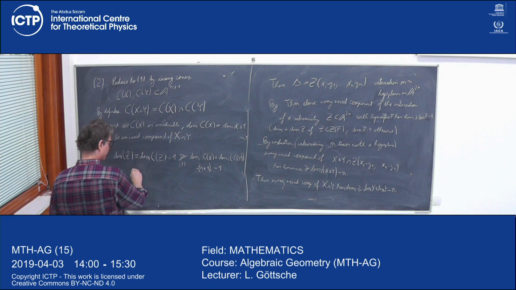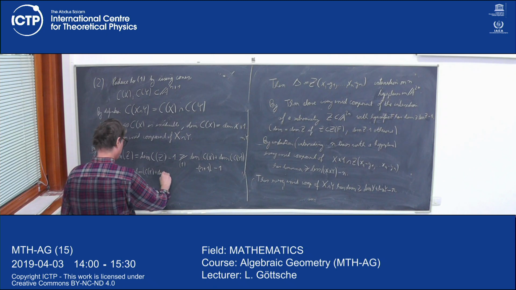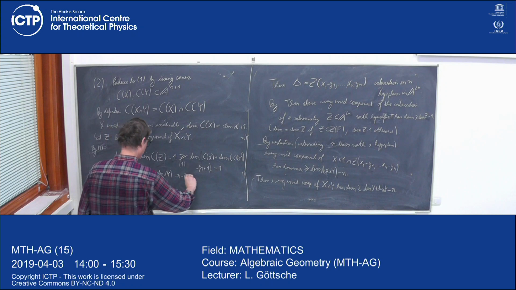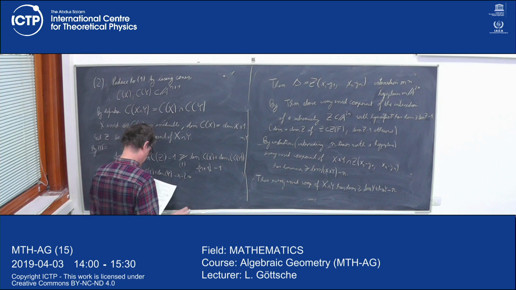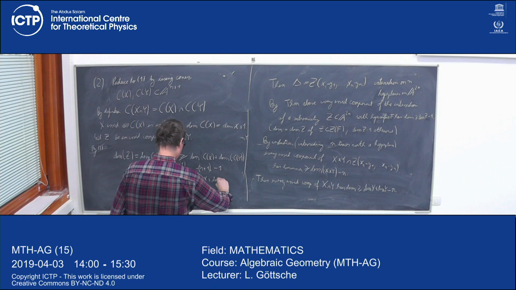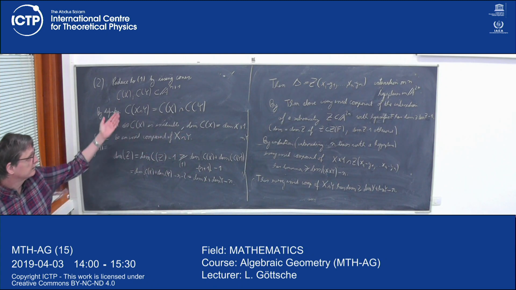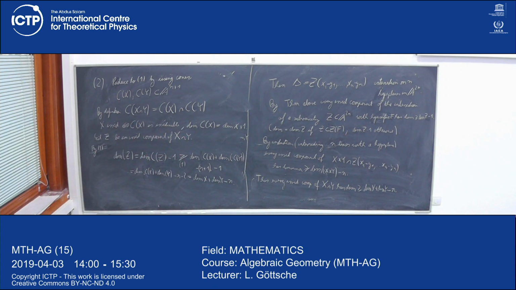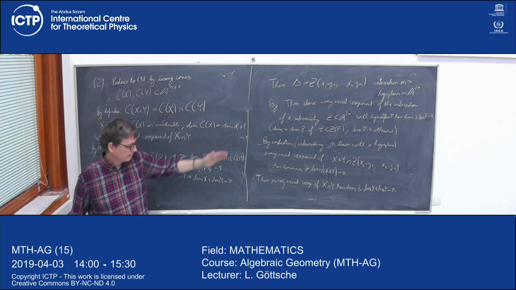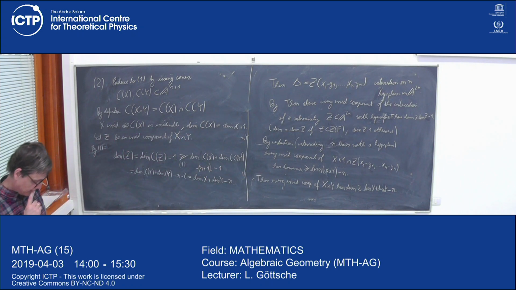And so this is therefore the dimension of Cx plus dimension of Cy minus n minus 2, which is dimension of X plus dimension of Y minus n. Okay, so it's just trivial. We just use the fact that the difference in dimension between the thing and the cone is always 1, and then it's almost a tautology.